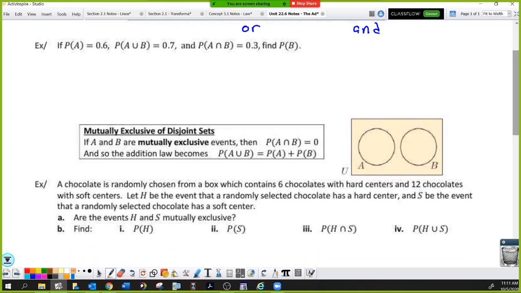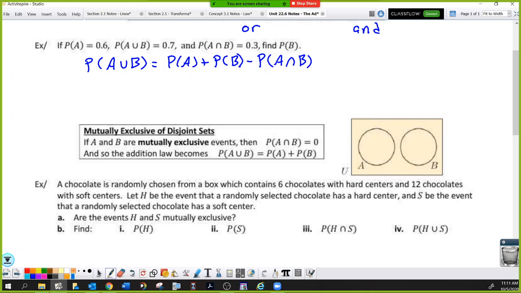The probability of A is 0.6. The probability of the union is 0.7. The probability of the intersection is 0.3. So find the probability of B. Okay, well, I'm going to write the formula. The probability of A union B is equal to the probability of A plus the probability of B minus the probability of the intersection.